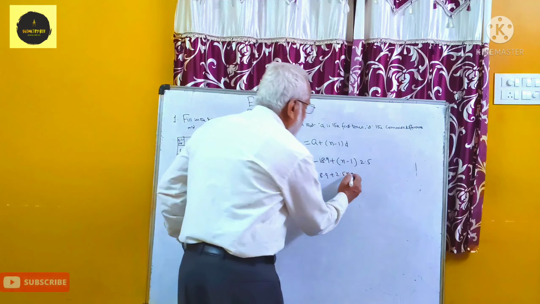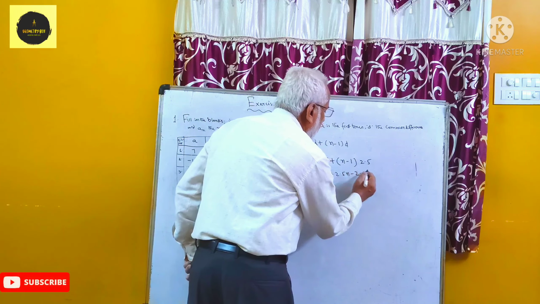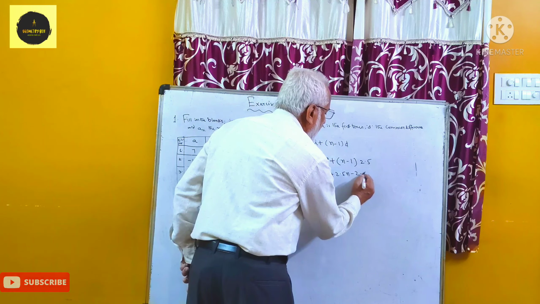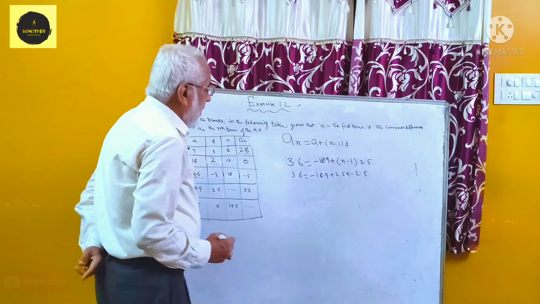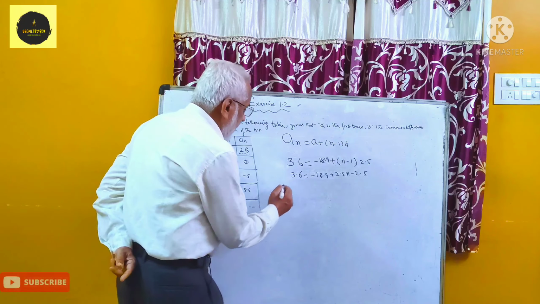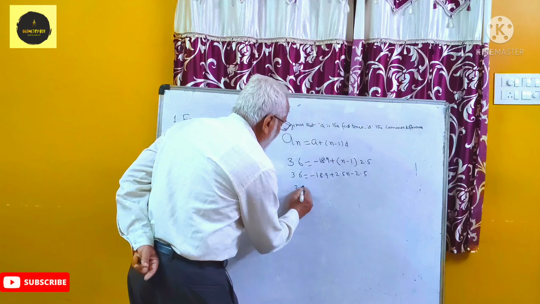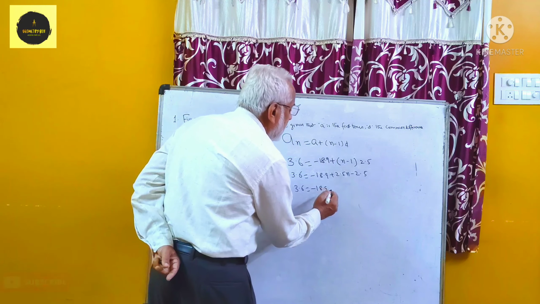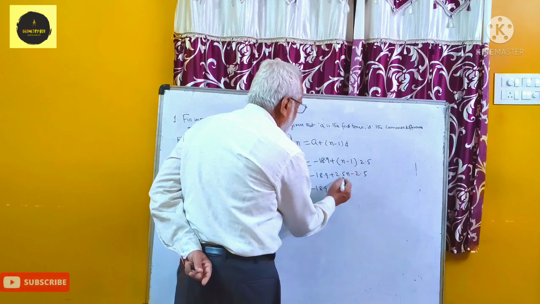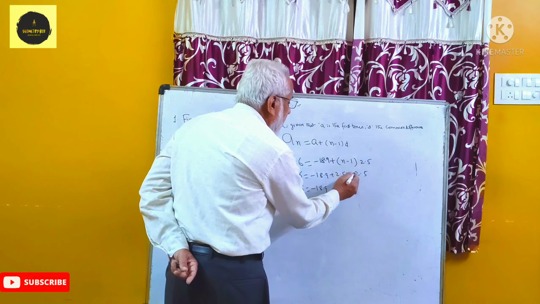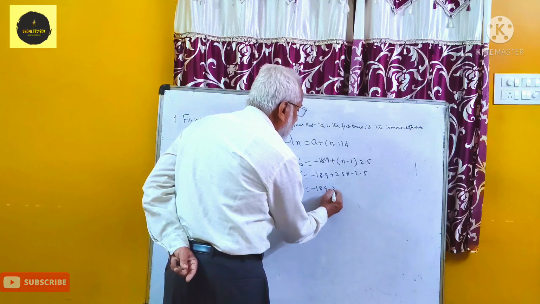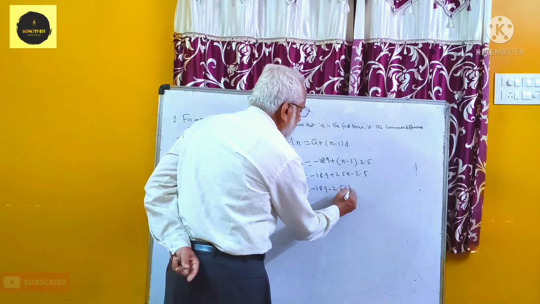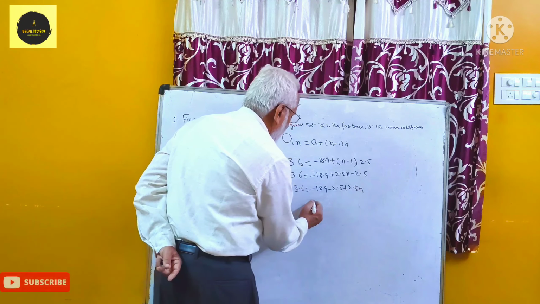Then minus 1 into 2.5 is minus 2.5. Now again write 3.6 as it is, minus 18.9 as it is, then minus 2.5 plus 2.5 n.